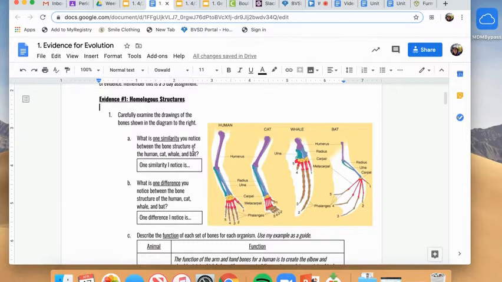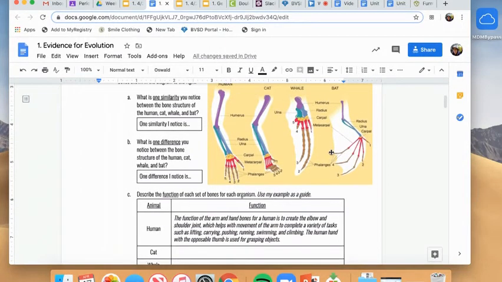Just to give you a quick similarity, you should be noticing that the bones are all very similar. They have the same bones, which are color coordinated in this picture, even though they're different organisms. So A and B are all about similarities and differences that you're noticing between the bone structures of these 4 organisms.